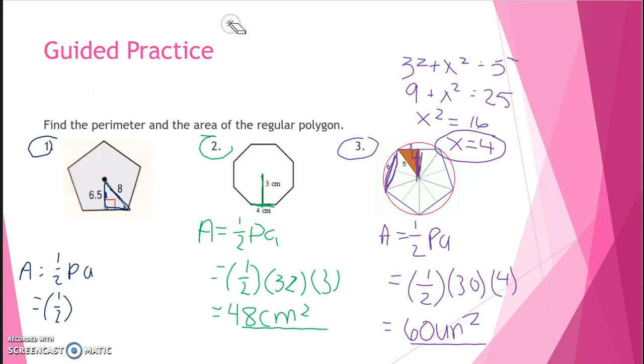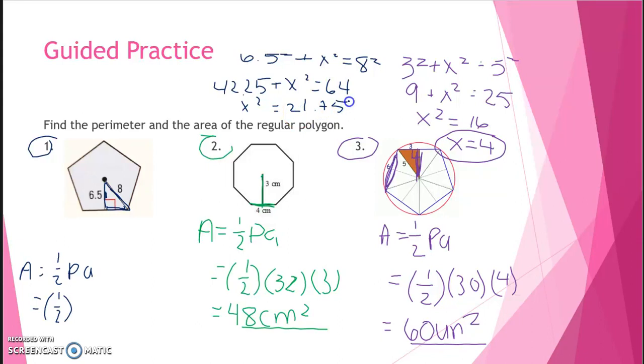Maybe not right there because it doesn't seem to be working right there. So we have 6.5 squared plus x squared equals 8 squared, 42.25, there's supposed to be a decimal right there, plus x squared equals 64, x squared equals 21.75.